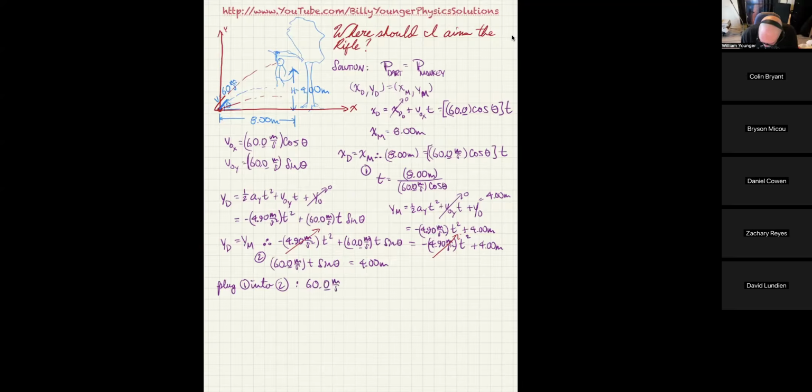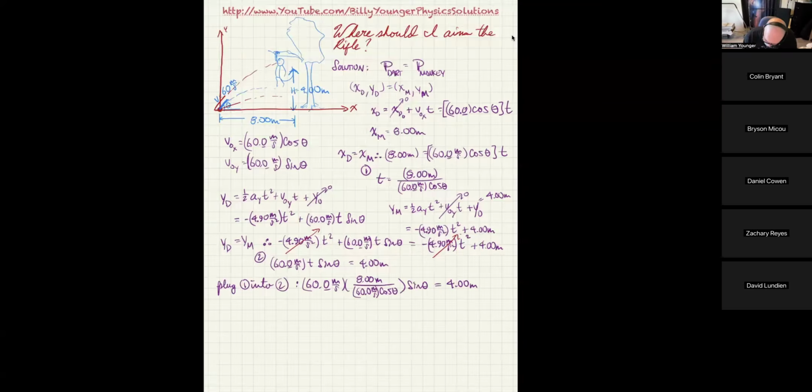When I do that, I get 60.0 meters per second times, now, equation 1 was 8.00 meters over 60.0 meters per second times the cosine theta. And then I still have the sine theta that's there originally, and all of this has to equal 4.00 meters.